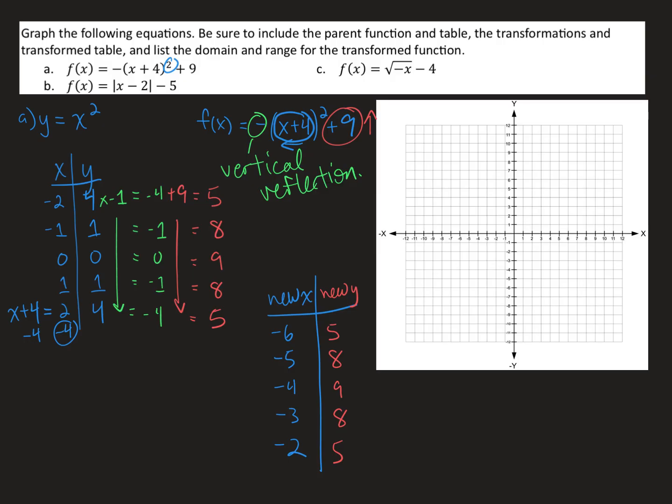So that would be -6, 5, -6, 1, 2, 3, 4, 5, right there. -5, 8, 1, 2, 3, -4, 9, -3, 8, and -2, 5.